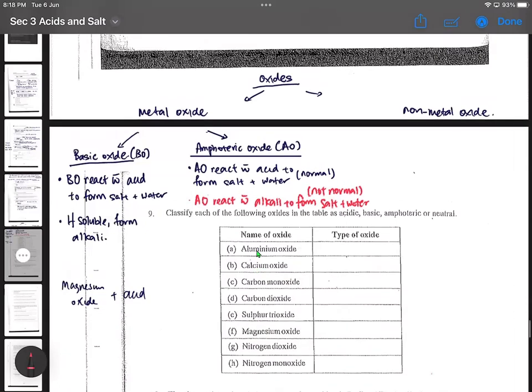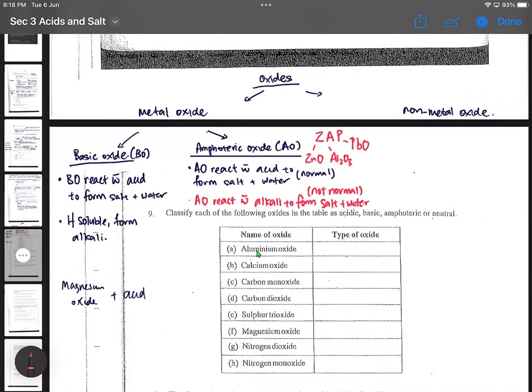I normally remember them as Z, which is ZnO, zinc oxide, Al2O3, aluminium oxide, and PbO, lead oxide.